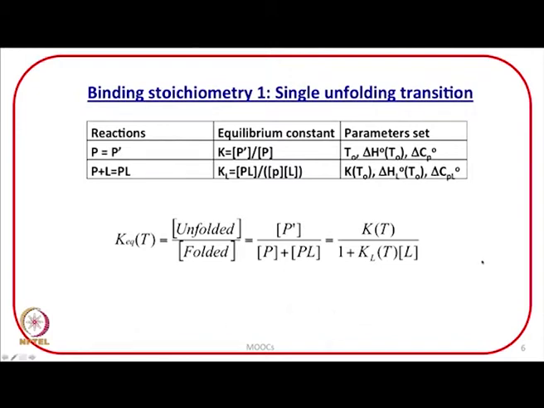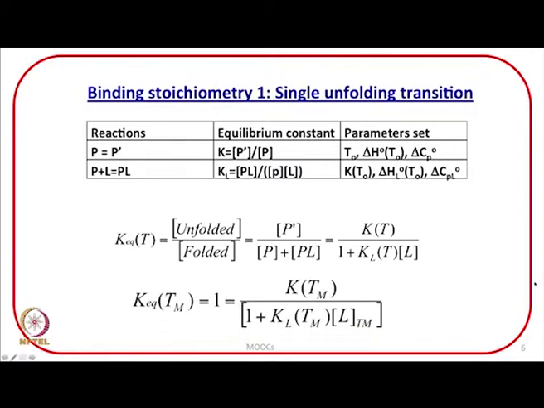Now if I express this in the presence of ligand, K equilibrium at Tm, Tm is the temperature where the transition is half complete, and we have discussed several times that the value of the equilibrium constant when the transition is half complete is equal to 1.